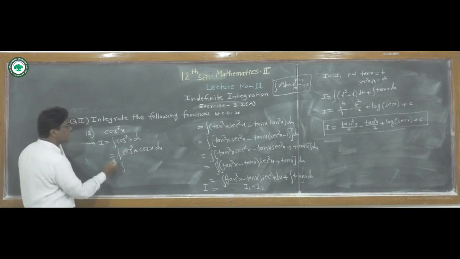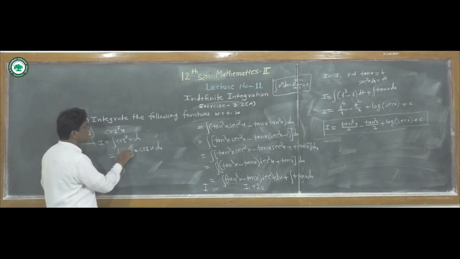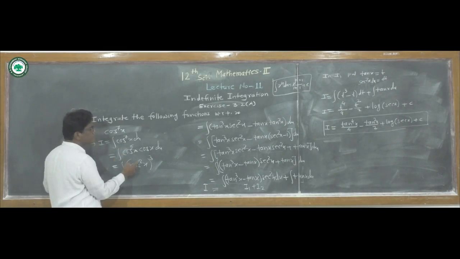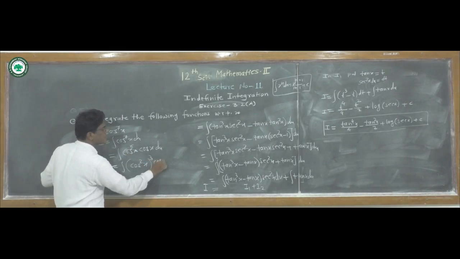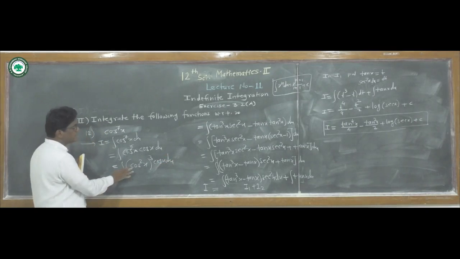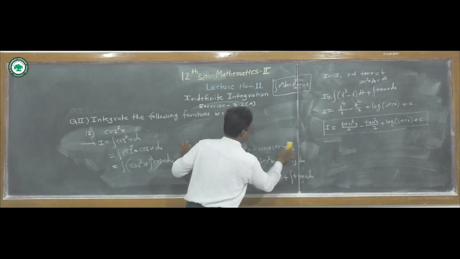Now this is equal to integration of, here we write this 6 as cos square x to the power 3, this 6 as 2 into 3, 2 3s are 6, into cos x dx. And now here we write the value of cos square x using the first fundamental identity. What is the first fundamental identity?